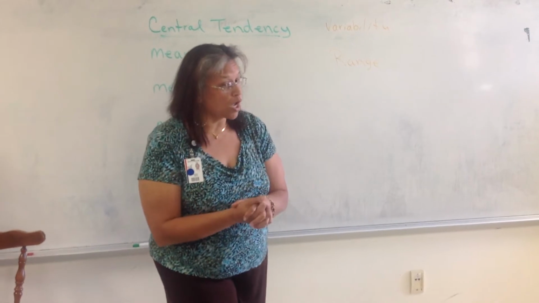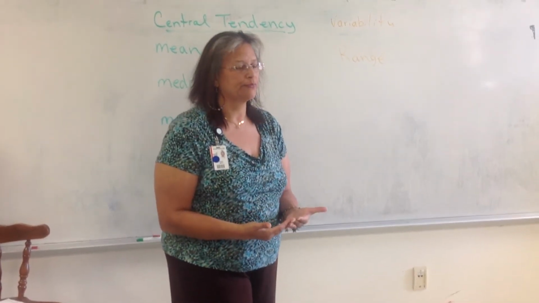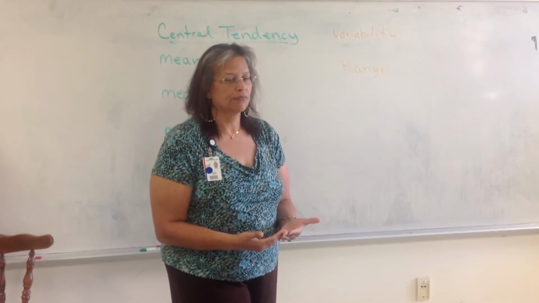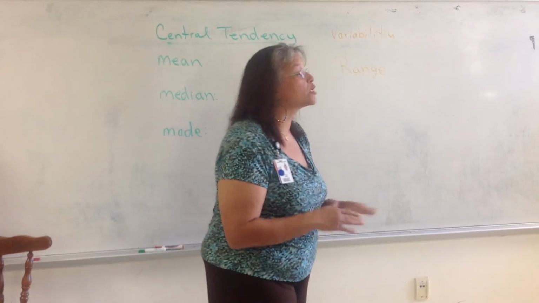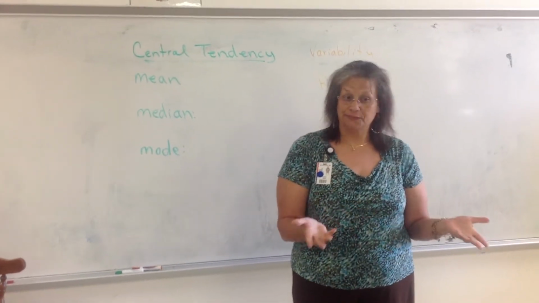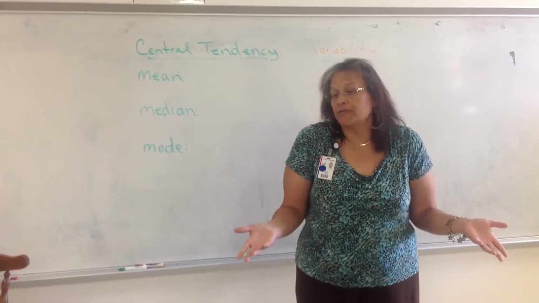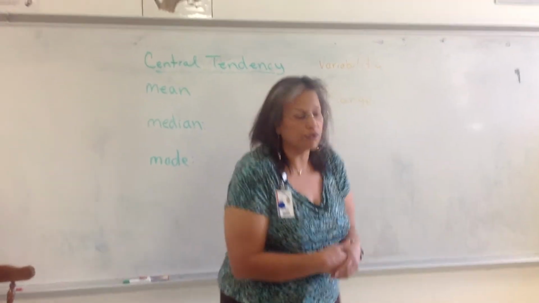We can have just 1, but how do you tell me when you don't have a mode? You put no mode or none. What if I put 0? Then that's a number, so I would think you're telling me 0 is your mode. 0 could be a mode, but we don't use the numbers.